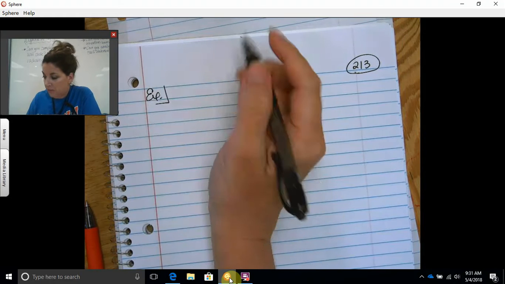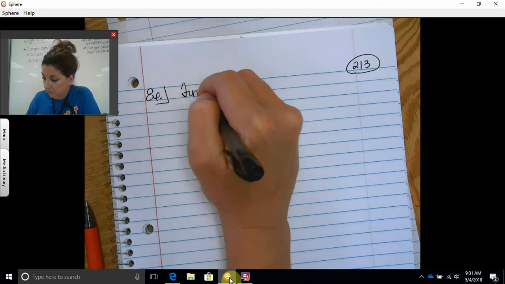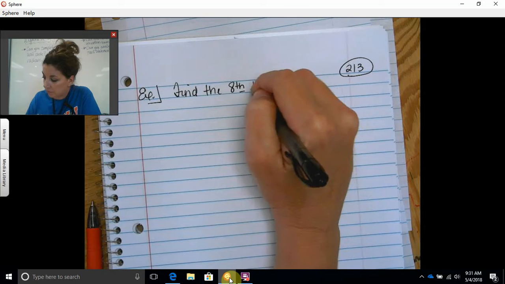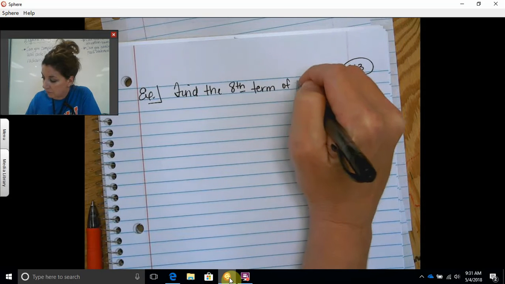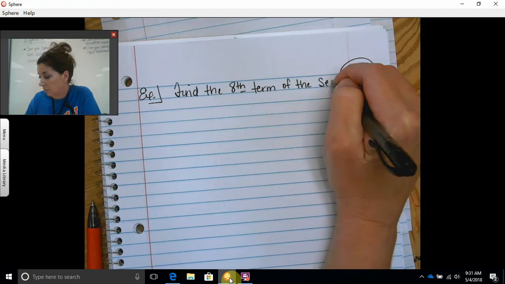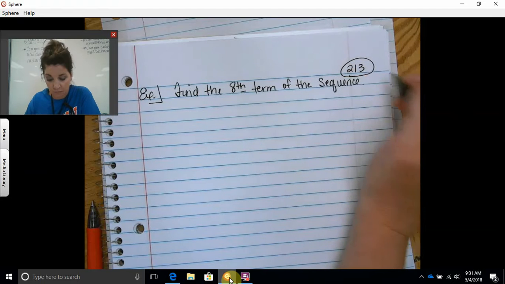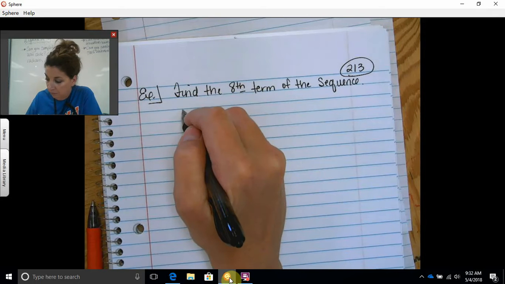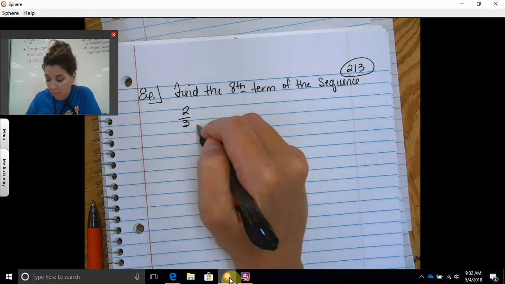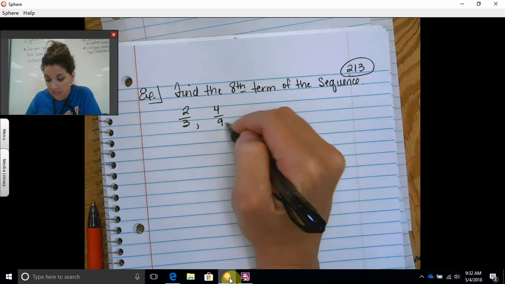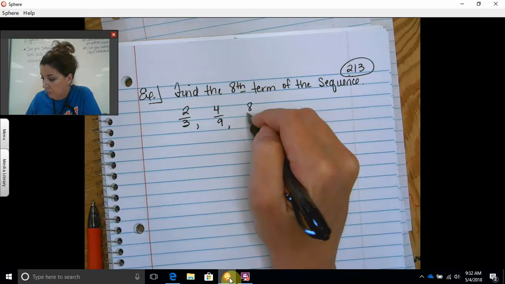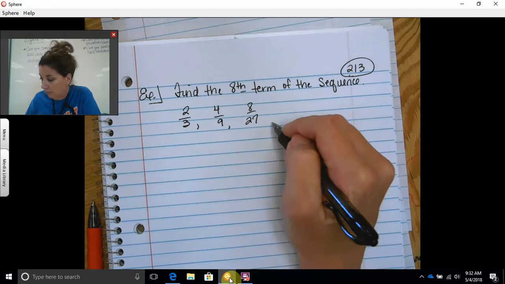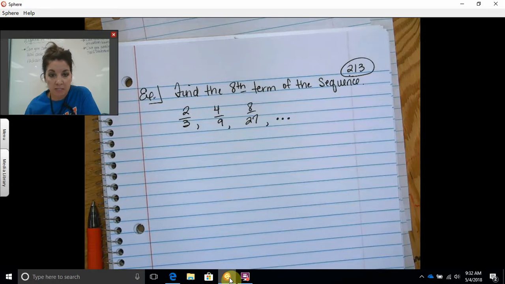Find the 8th term of the sequence. So we have 2/3, comma, 4/9, comma, 8/27, comma, and the sequence continues.